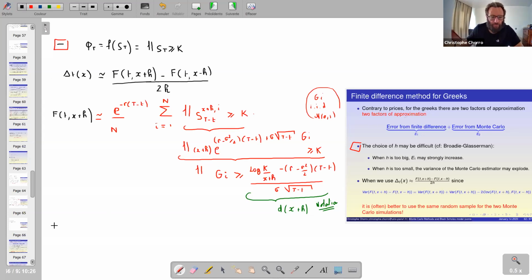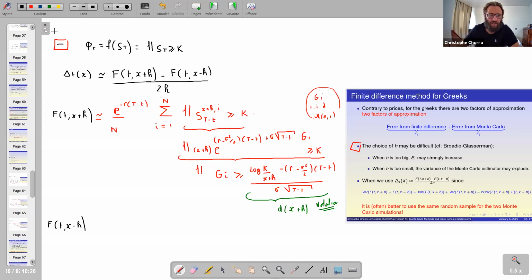I can do the same for the other. But keep in mind what I have said previously. It's better to take the same random sample in order to do Monte Carlo simulations. Don't take two independent samples. The sample I have used to approximate this quantity will be the same that I will use here, because I want to have covariance. If my covariance is 0, I will increase the variance, and so I increase the size of my confidence interval.